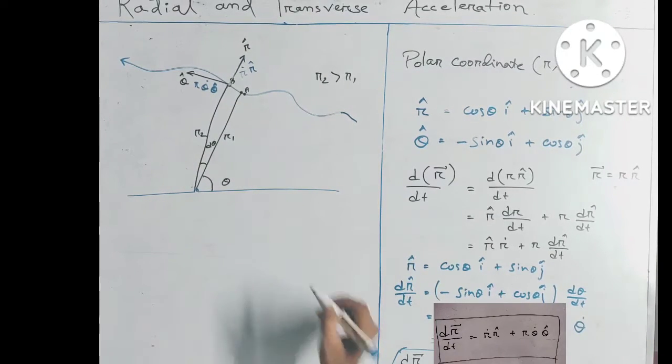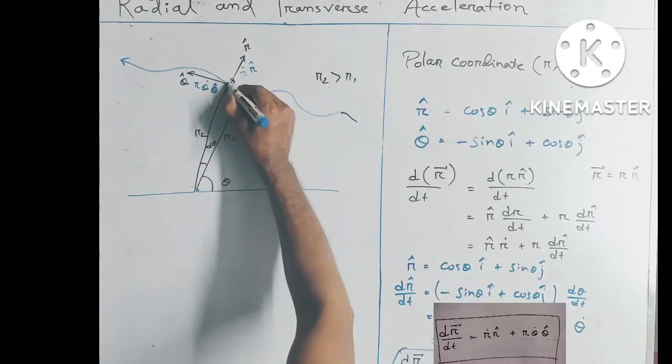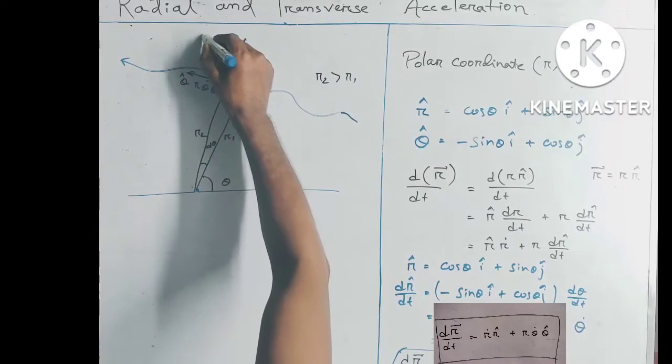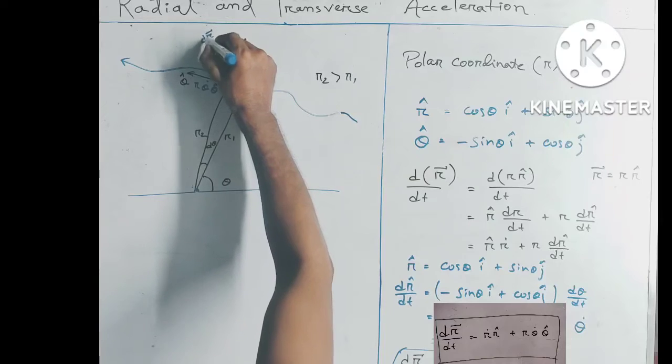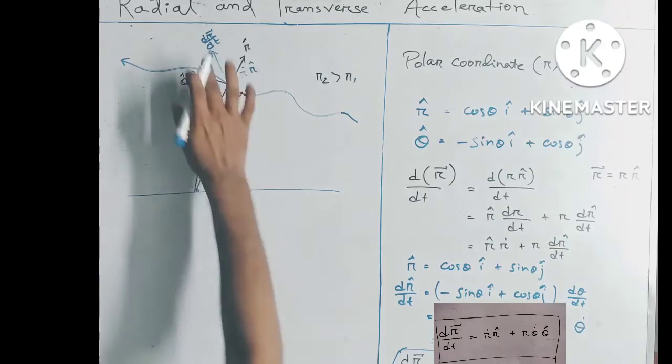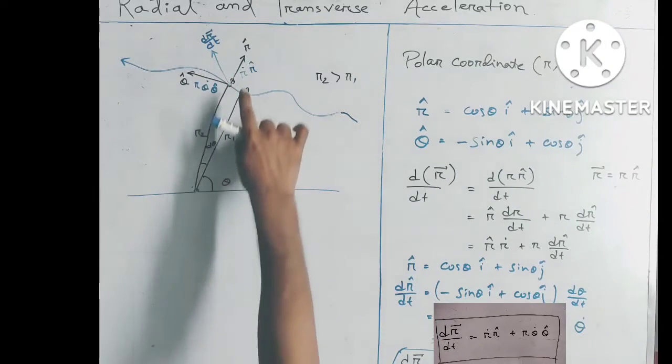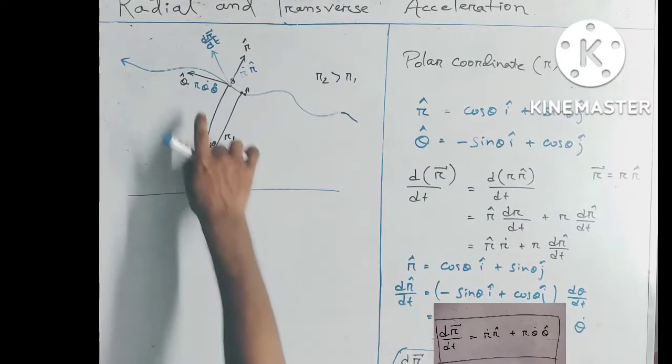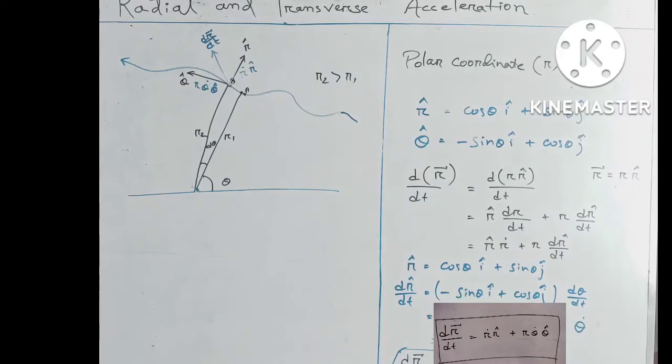So what is dr/dt? dr/dt is along this direction. So dr/dt is equal to r dot r cap plus r theta dot theta cap. I hope you can understand it. Let's move to the acceleration part.